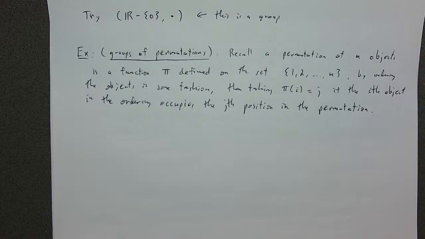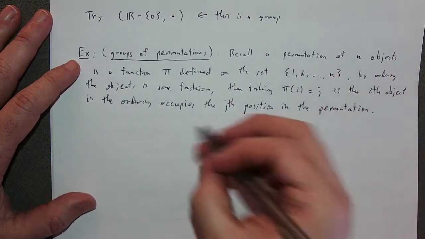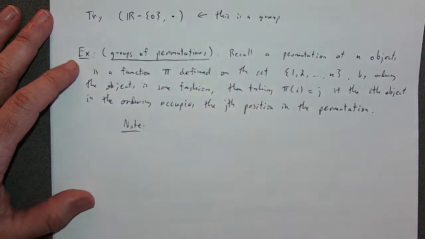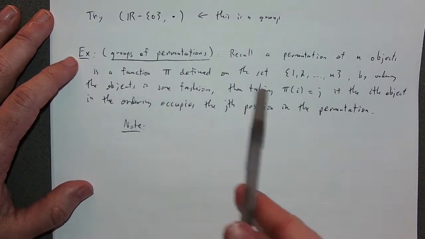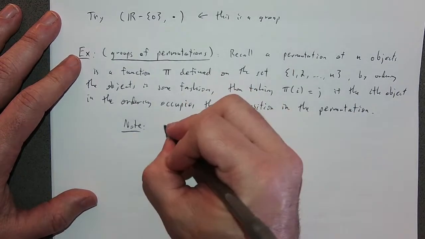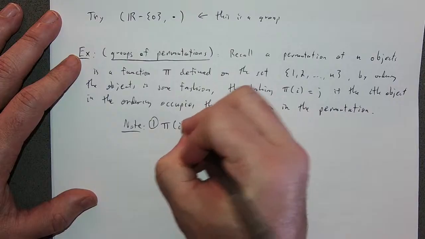Okay. And so we should note a few things here. There's a few facts about this object, this permutation. I'll say this is the first fact.